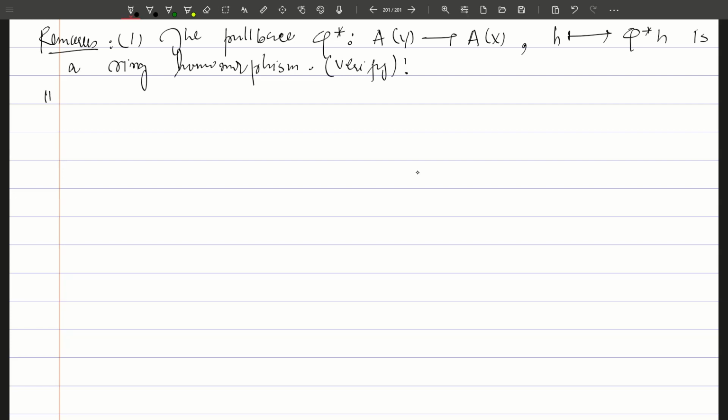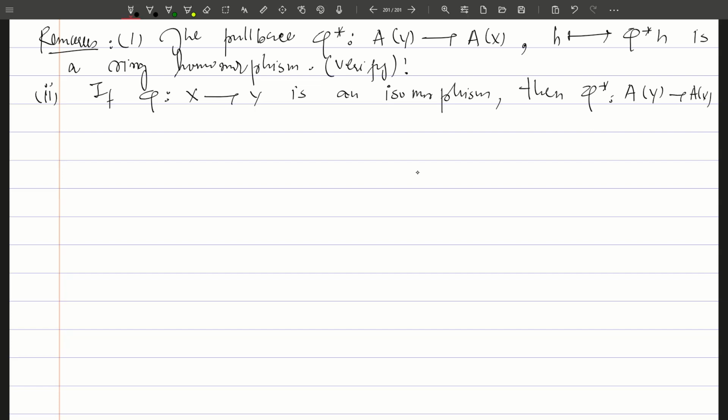Now we have one more remark to make. If the polynomial map phi from x to y is an isomorphism, which means that phi is bijective and its inverse is also a polynomial map, then the induced pullback phi star from Ay to Ax is an isomorphism of k-algebras.